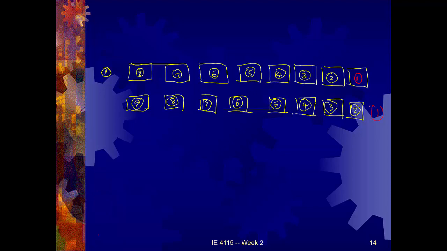So now 1 is out, 1 is at the lace. Then that's the time when the 9th item can get into the queue.